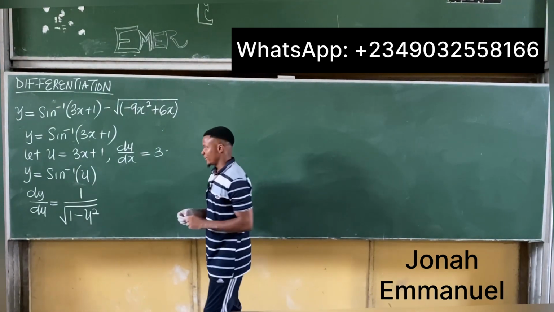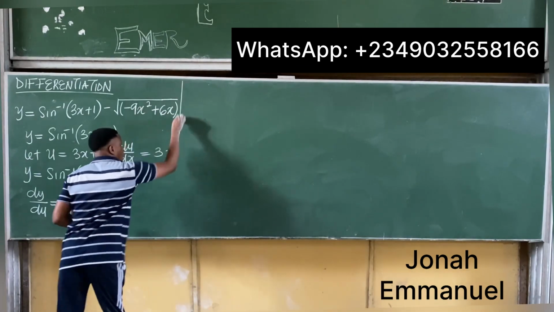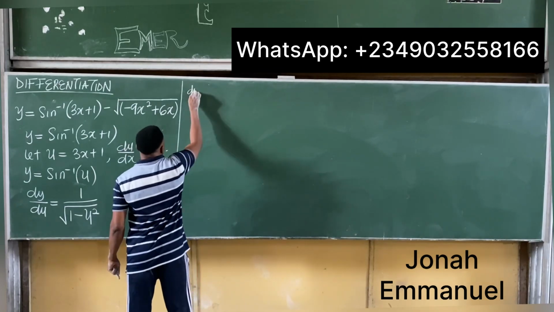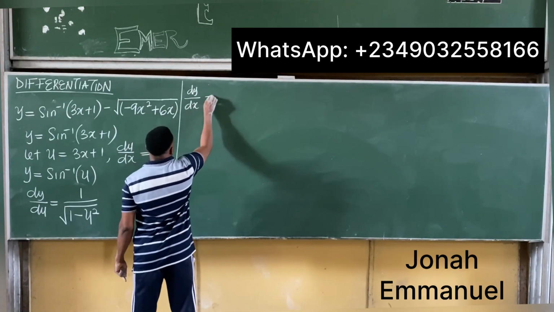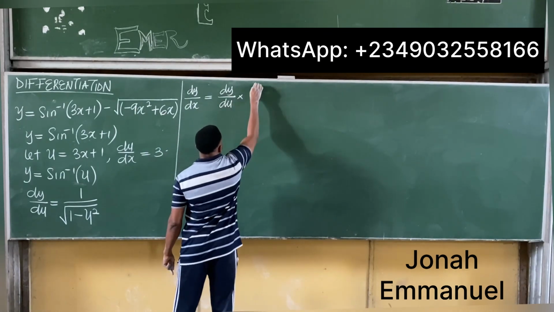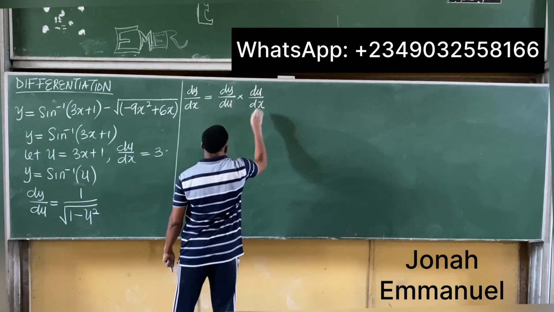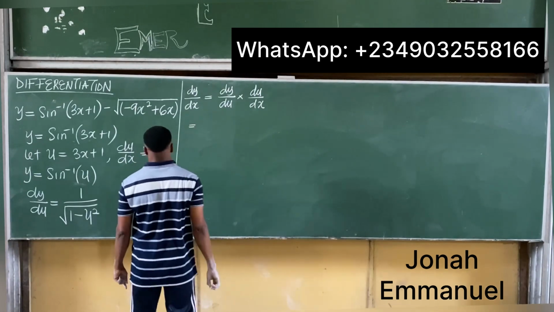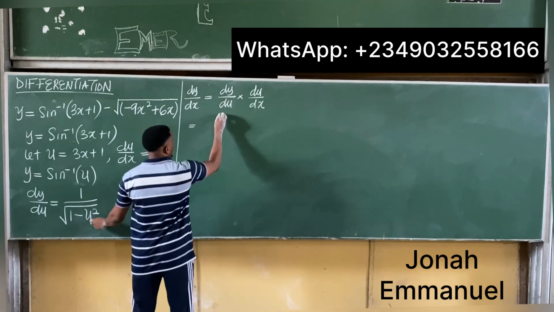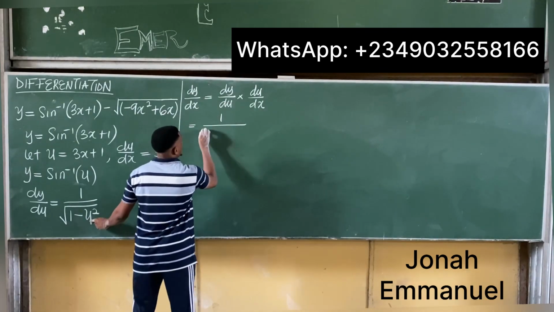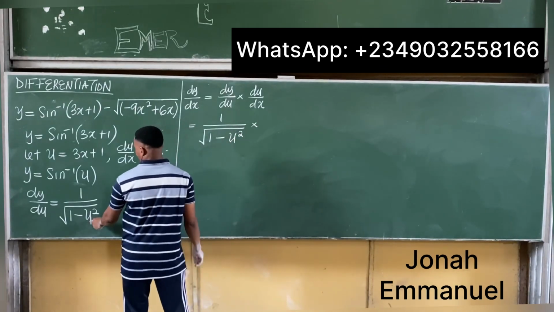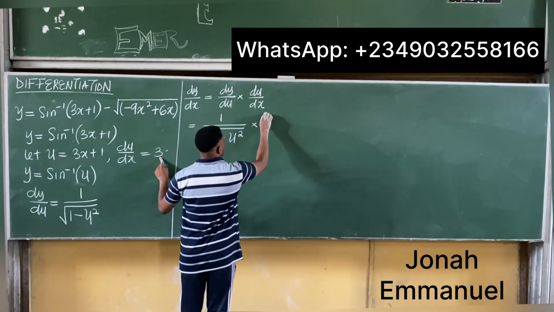All right, so this is gotten. Let's now see what we have here. dy over dx is equal to dy over du times du over dx. That's equal to 1 all over the square root of 1 minus u squared, times du over dx, which is 3.